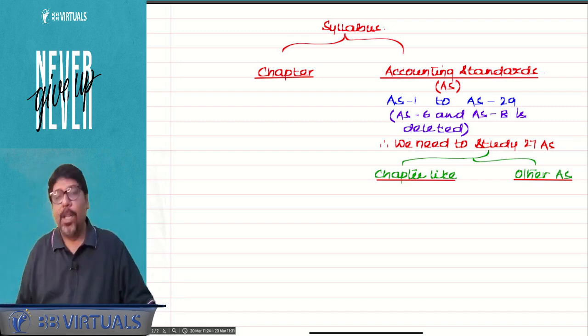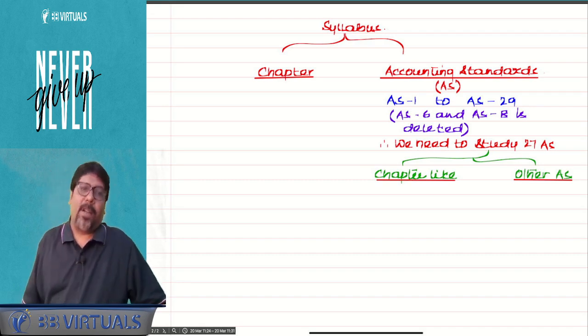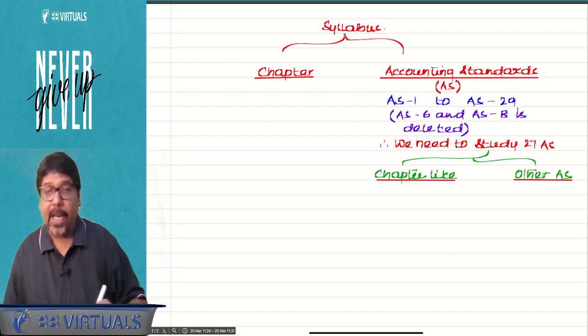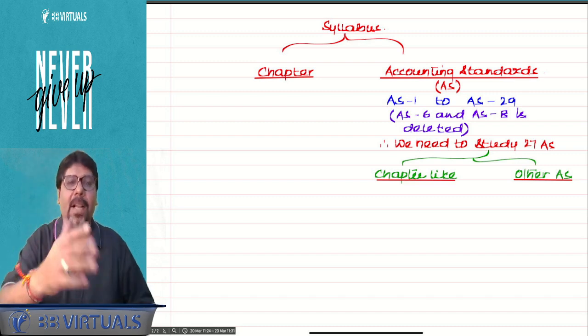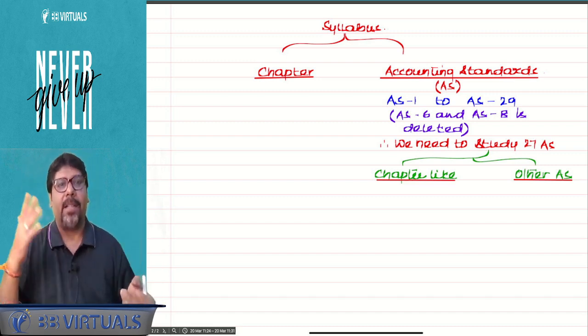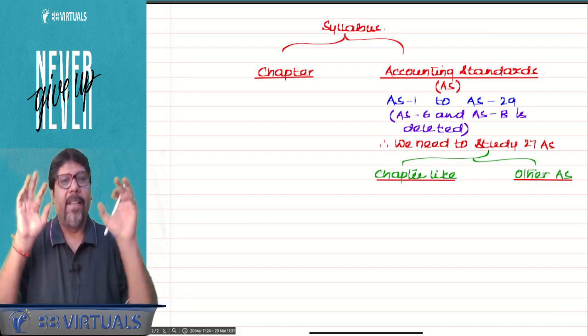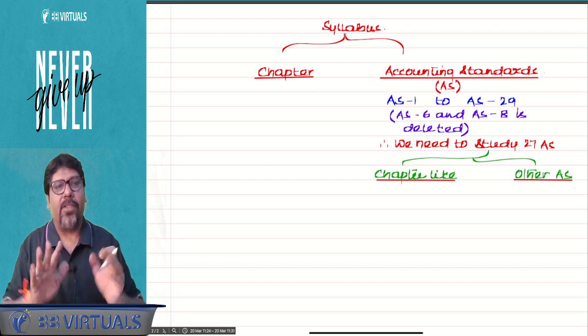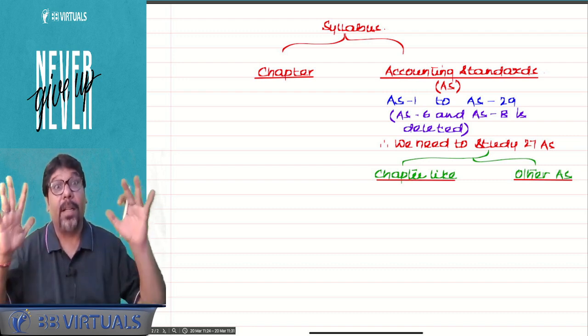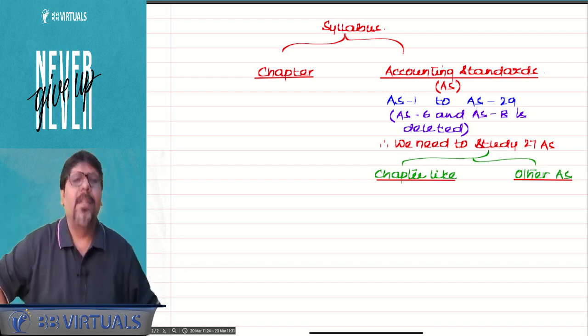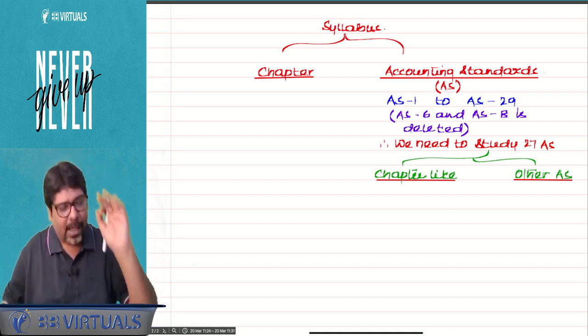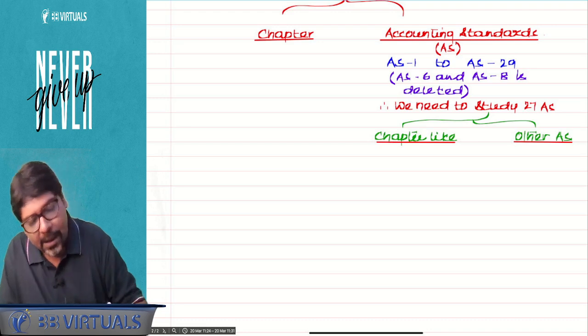Which you will feel that we are studying a chapter only. The way you studied company accounts, BRS, rectification, depreciation, final accounts, where a little bit of theory is given by the teacher and then you keep on solving sums. Correct?